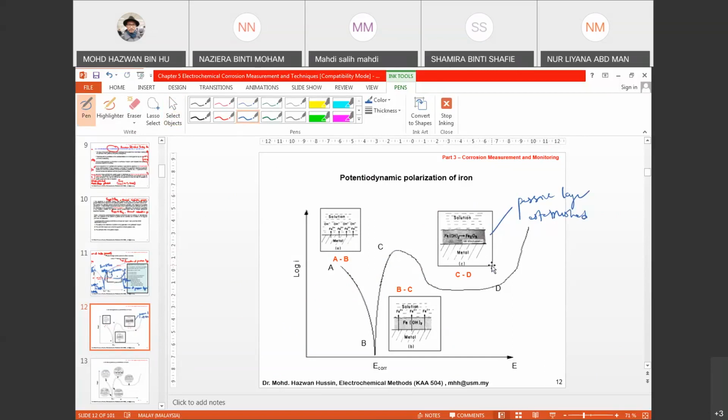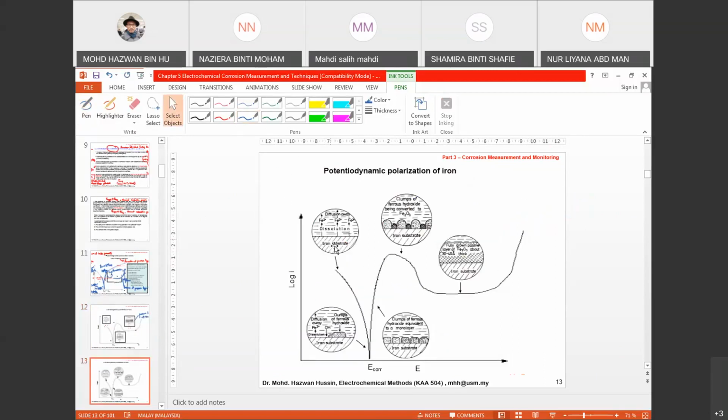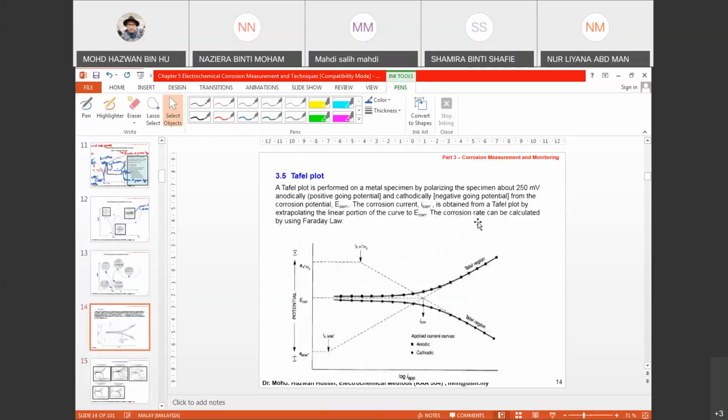So in terms of the formation of rust, when the metal undergoes dissolution, it starts to form the first product. These are the clumps, the first product of rust. Then when you have more clumps, it becomes a monolayer. After that, it's further oxidized to form a more stable ferric oxide, hematite or magnetite. And when it thickens fully, this forms a passive layer.